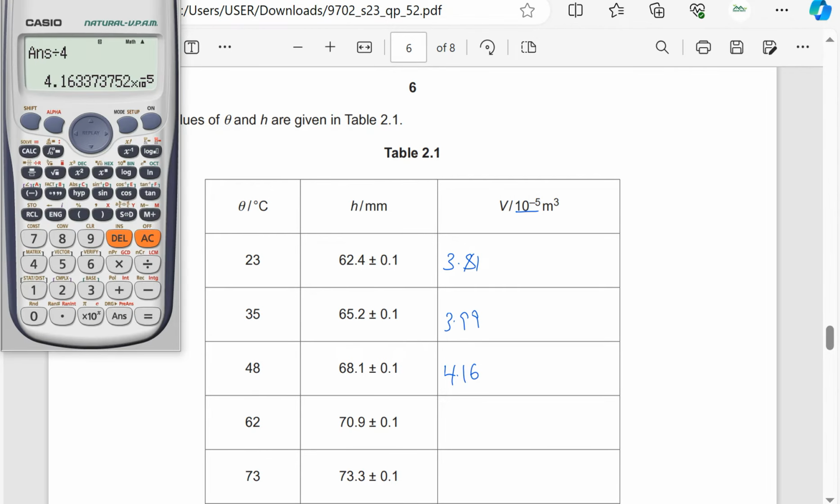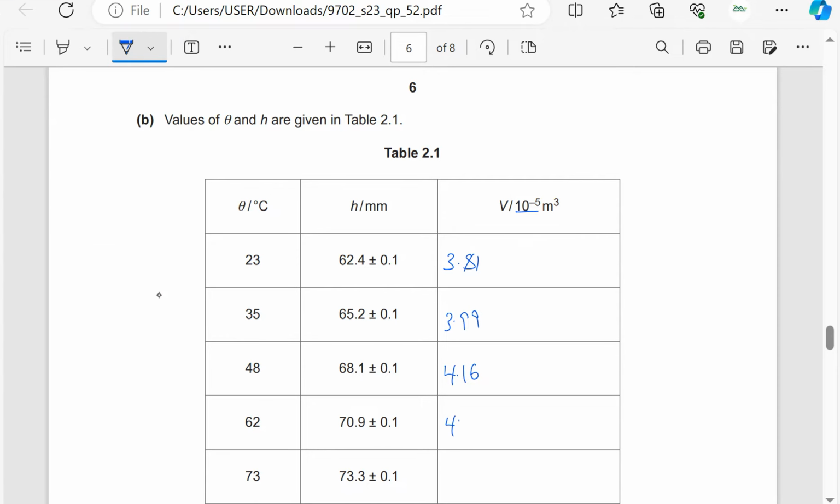The next one is pi times (27.9 exponent minus 3) squared, then times 70.9 exponent minus 3 divided by 4. So this is 4.33.